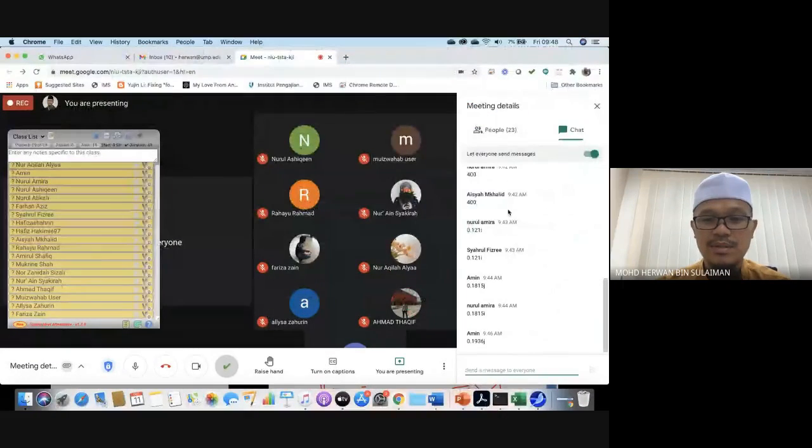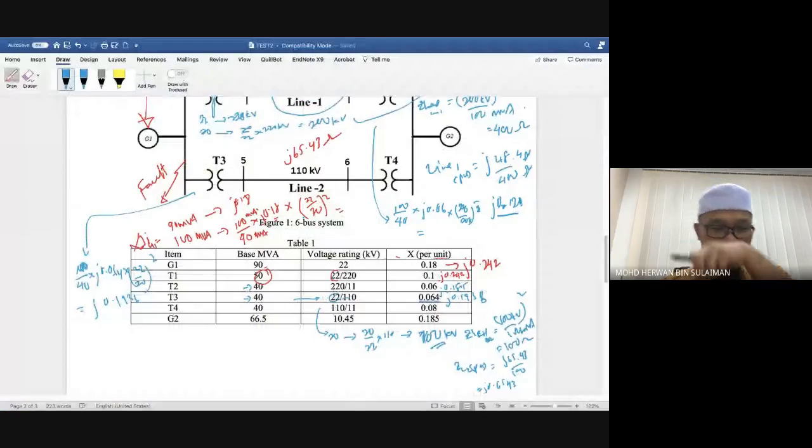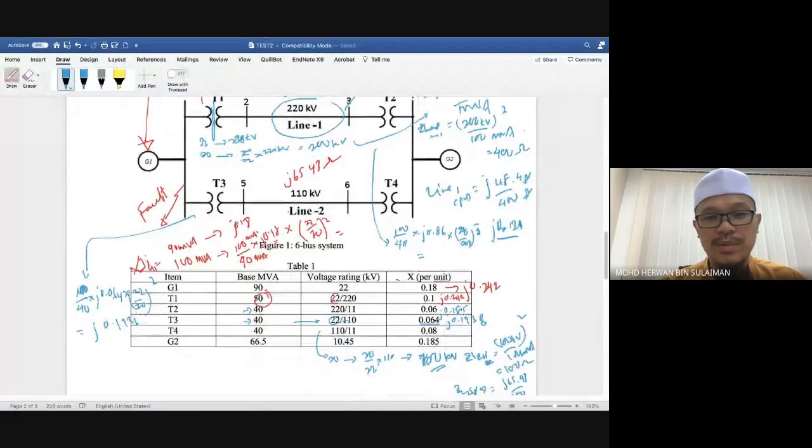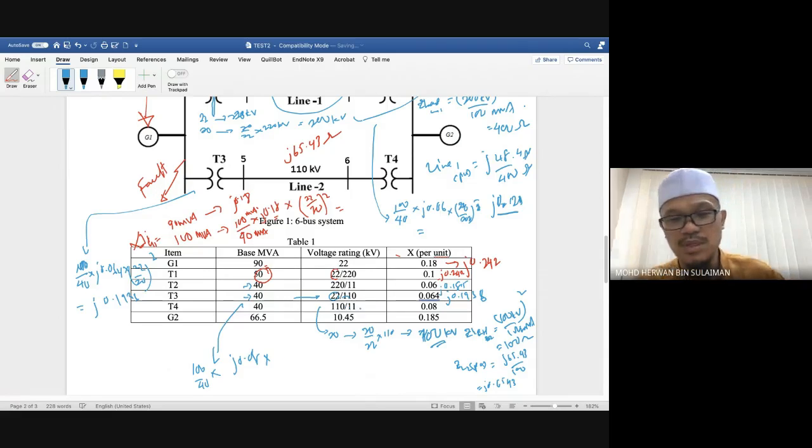So daripada sini you nampak apa? Nampak nak jawab soalan senang, tapi nak dapatkan ni dia makan masa sikit. So once you dapat this line tu, you boleh cari your transformer 4, where your transformer 4 ada lagi 40. So transformer 4 100 bagi 40 darab dengan J 0.08. You boleh guna 110 ataupun you boleh guna 11, tak masalah. So guna 110 lah, high voltage. 110 divide dengan 100 square.